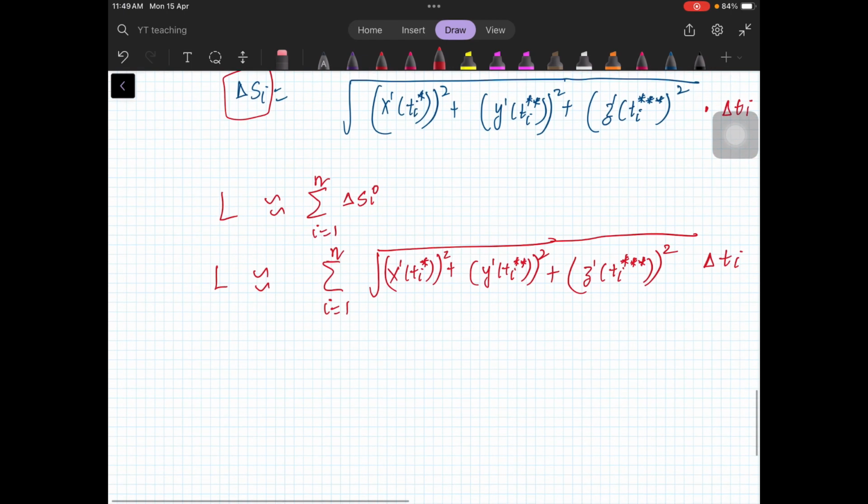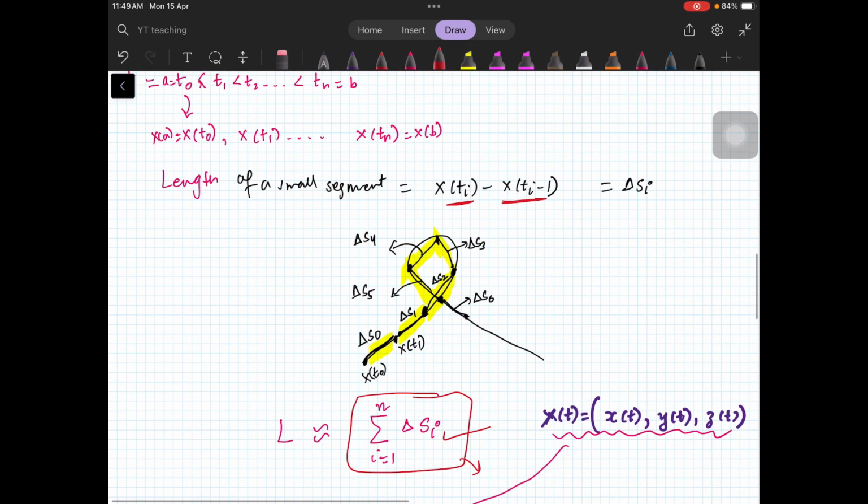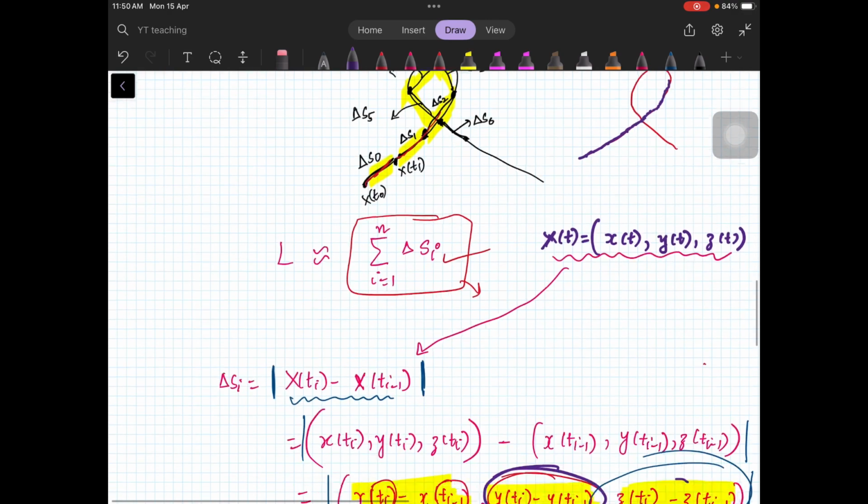And now we don't want an approximate length, we want an exact length. So when is this approximation going to be exact? When you have very small chunks, right? If you take very tiny pieces, infinite pieces, then you are always moving along the actual curve. So if we take infinite pieces, we will get the actual length.